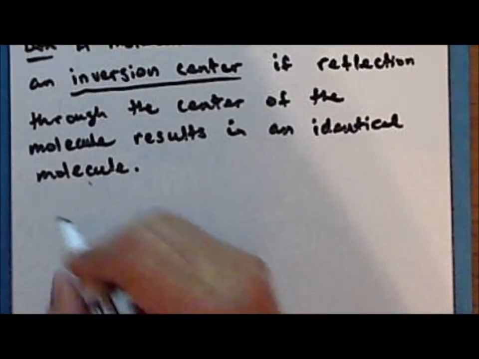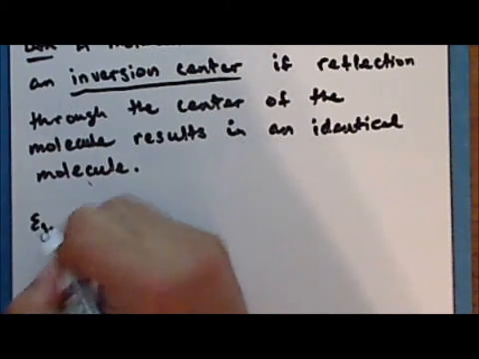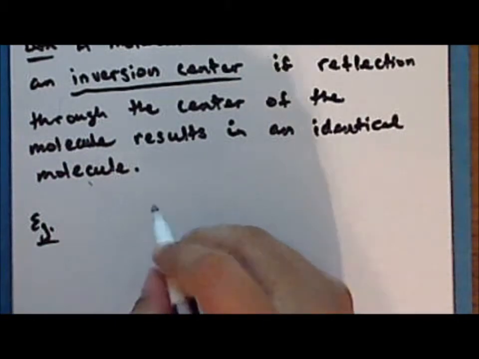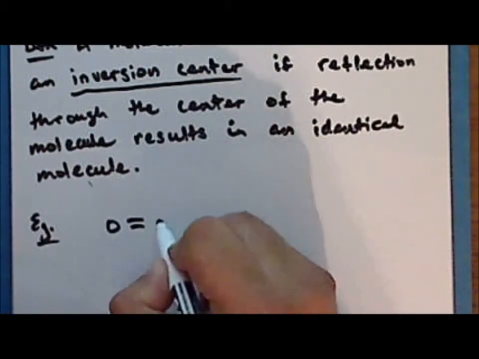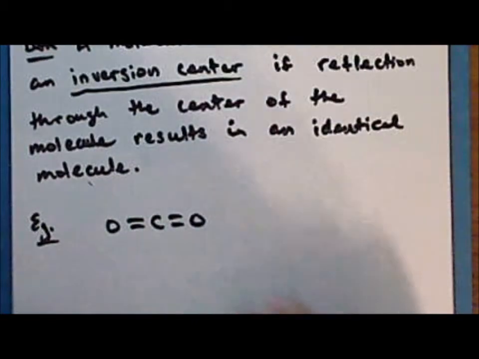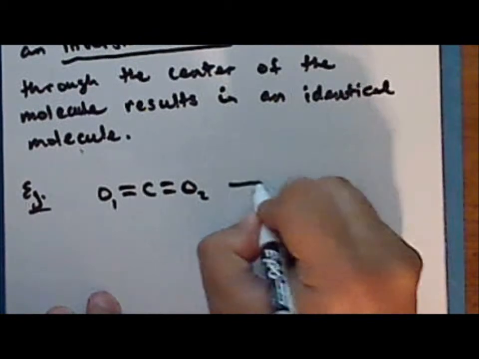So let's look at some examples. If we look at the carbon dioxide molecule, and we'll label the oxygens 1 and 2.